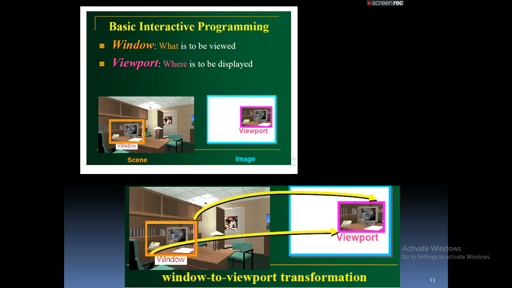I will repeat: the window specifies what is to be viewed, and the viewport specifies where it is to be displayed on the screen of the monitor. Assume that on the right side we have a viewport. I have written clearly that this is a viewport. So this is the second type of window.